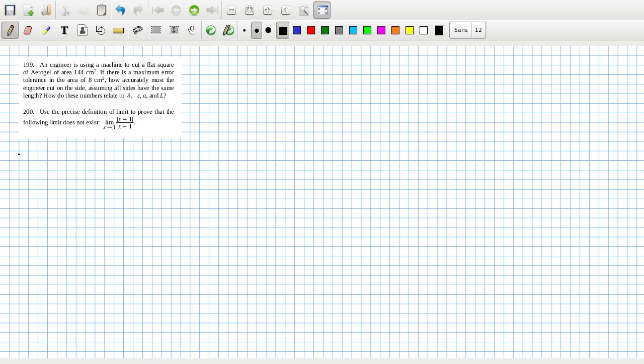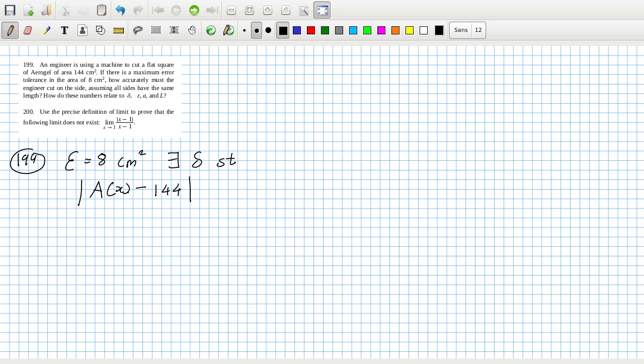Yeah, okay, let's think. So here, the epsilon, I think, is 8 centimeters squared. And we're saying there exists a delta such that absolute, and we'll call the function A, area of x minus 144.